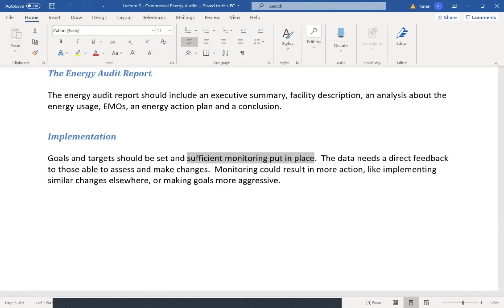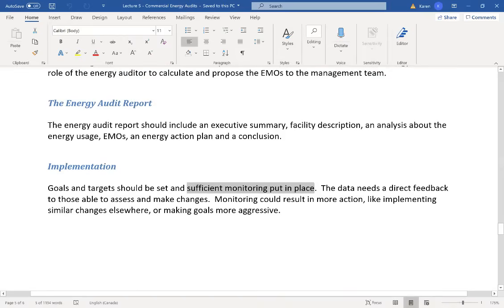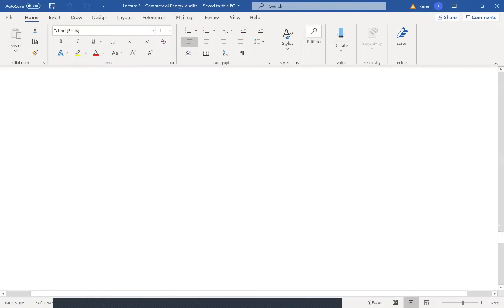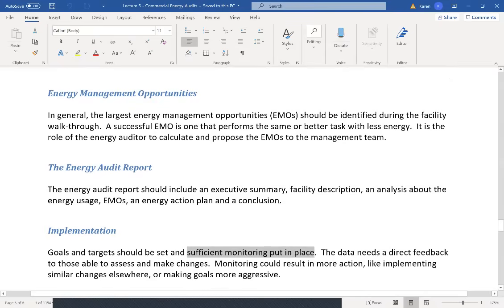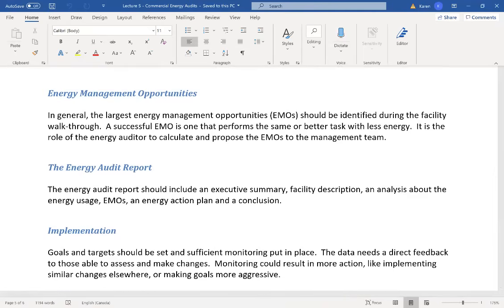In this level 1, 2, 3, it has a risk of being a fix it and forget it type of thing, where you went through, you did the phases and you're done. Whereas that's not how energy management should be done. You should be putting sufficient monitoring in place after you do the commercial energy audit procedure. So just be careful of that. This should be a long-term investment in the success of energy savings across the organization.